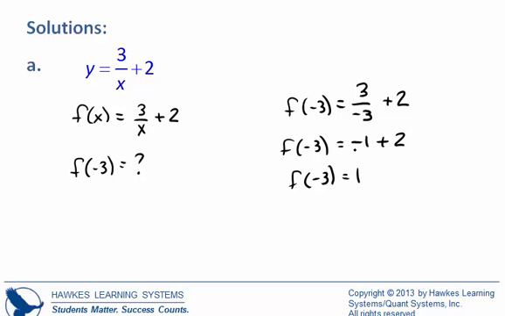So what this tells us is that on the graph of this equation, if x is equal to negative 3, then the y value is equal to 1, and that is a point on the graph of that equation.